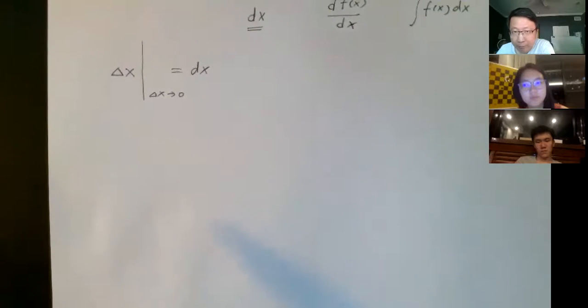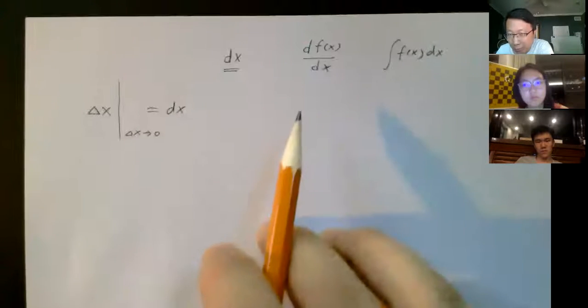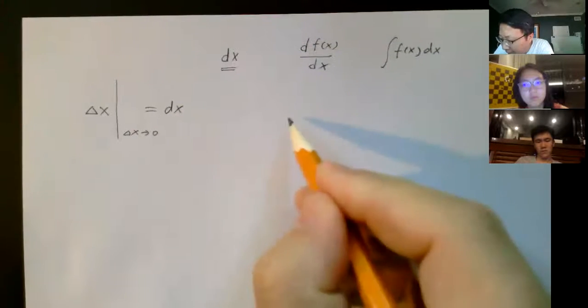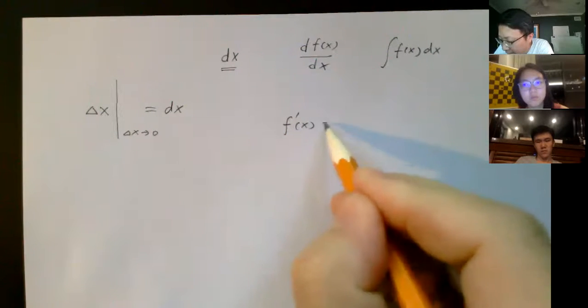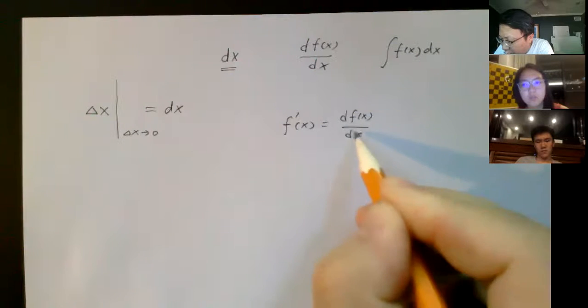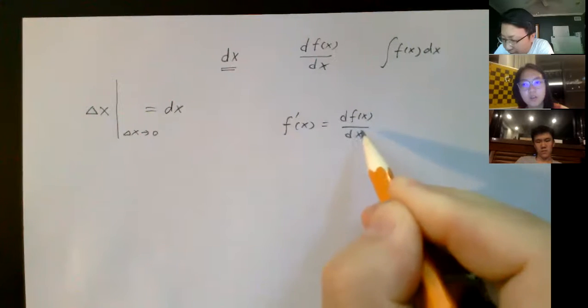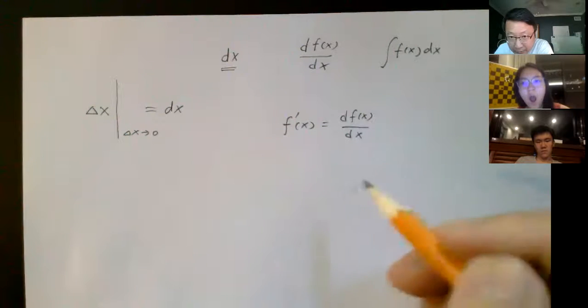So now, why this one is important? For example, you can deal with this one like the way you want. For example, when we do the derivative here, it means df(x) dx. You can treat this guy like doing all kinds of operations.